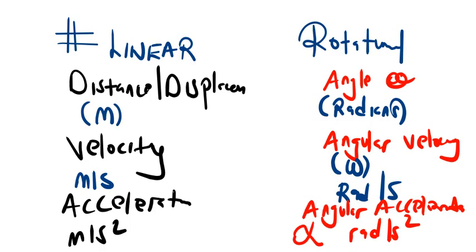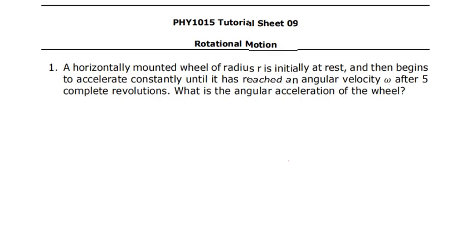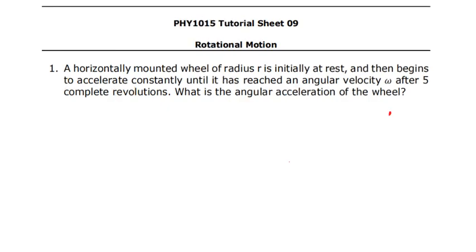So basically, that's it. Now, with me here, I've got question 1. We are told that a horizontally mounted wheel of radius r is initially at rest and then begins to accelerate constantly until it has reached an angular velocity after 5 complete revolutions.